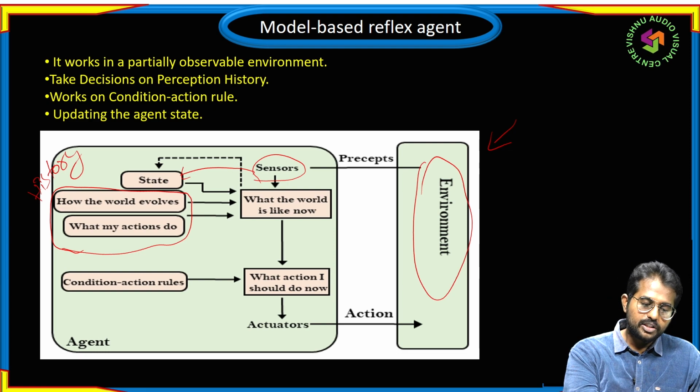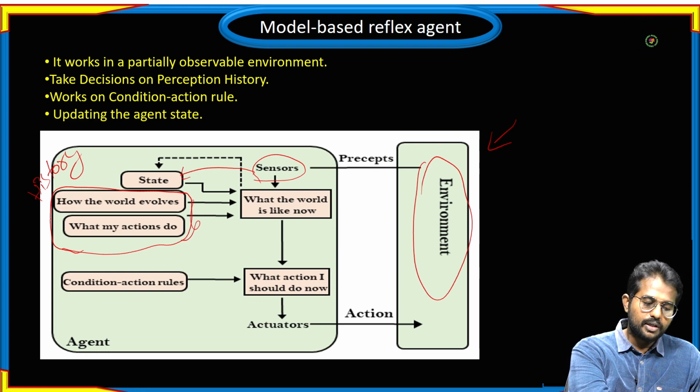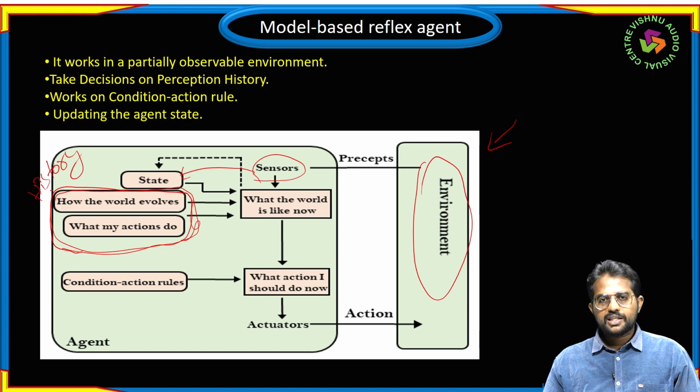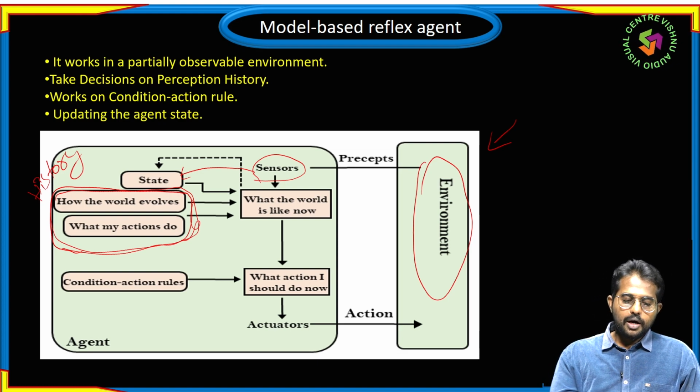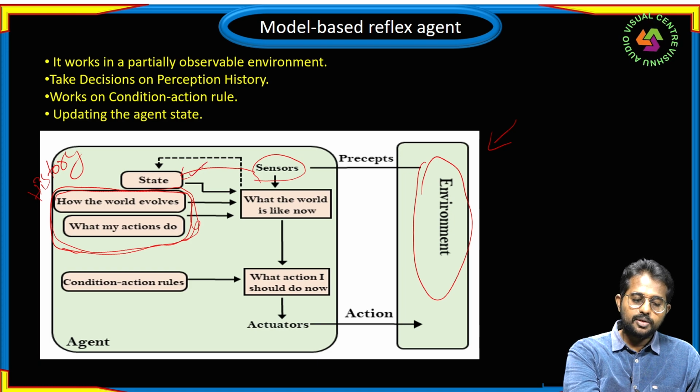All those things will be saved in the memory, and we will call it the perception history. Based on the current perception data and also the perception history, we will take a decision.